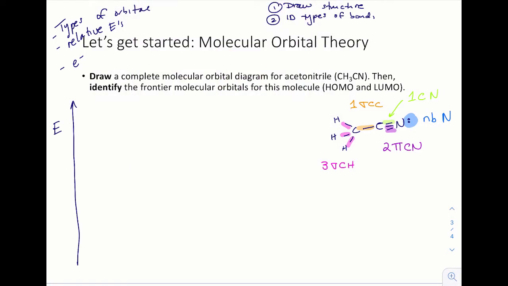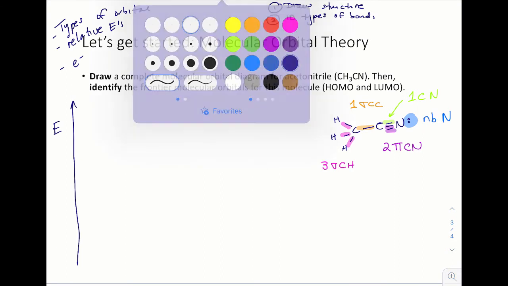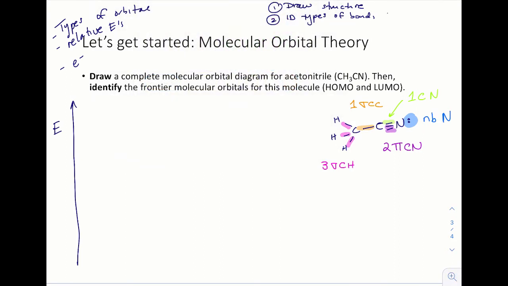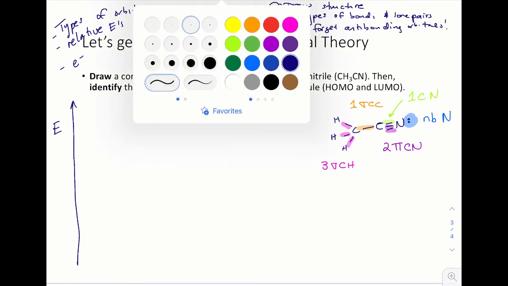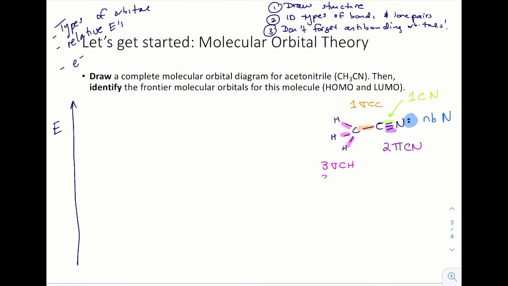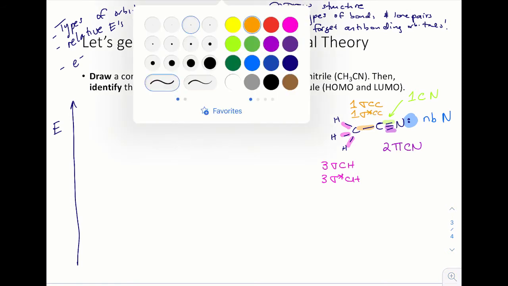Great. Now we've described the lone pair and the bonding orbitals. But we know that for every bonding orbital, there is an anti-bonding orbital. So let's also list the anti-bonding orbitals. We can't forget those. There are 3 sigma CH. There are also 3 sigma star CH. So 3 bonding orbitals and 3 corresponding anti-bonding orbitals. If there's 1 sigma CC, there's 1 sigma star CC orbital, a corresponding anti-bonding orbital.